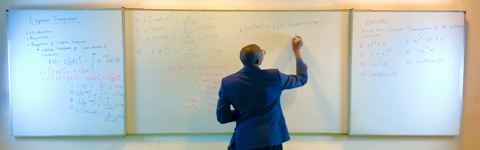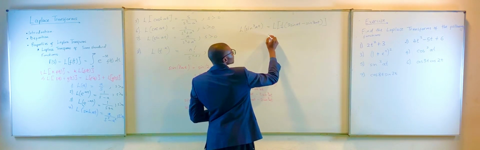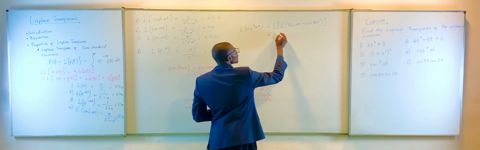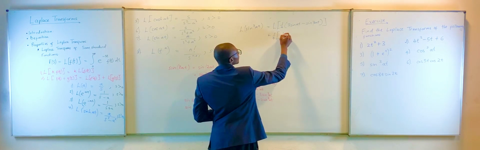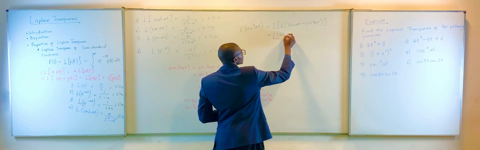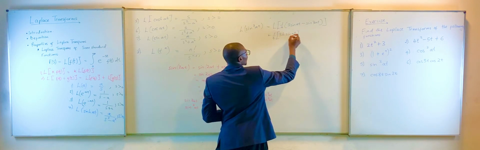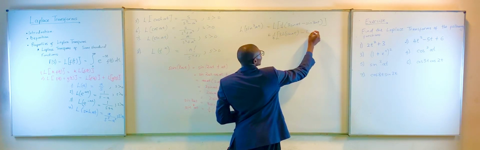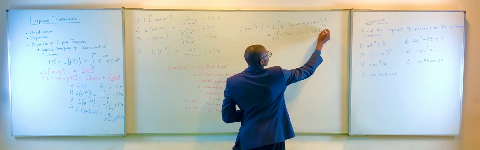Right, like that. Then here we know we can take out the constant 4, then say Laplace of, or rather let me say 3 Laplace of sine at, minus Laplace of sine 3at.